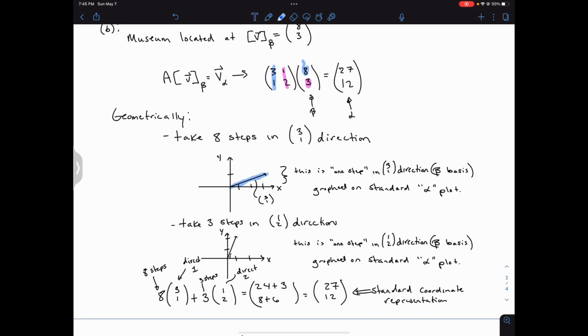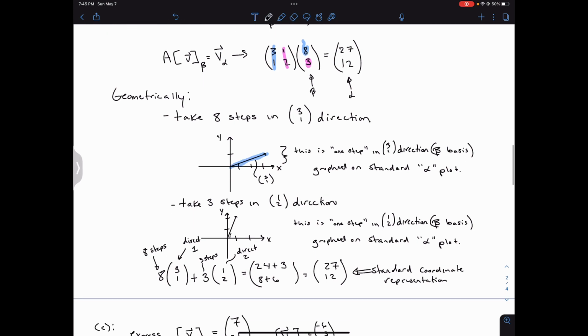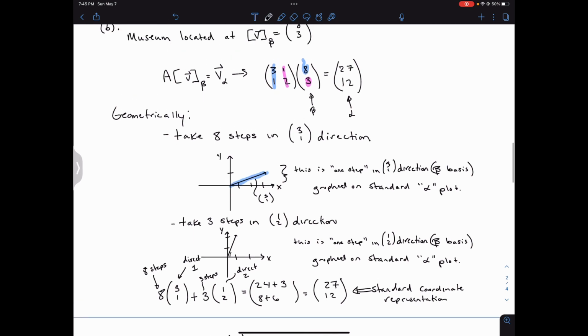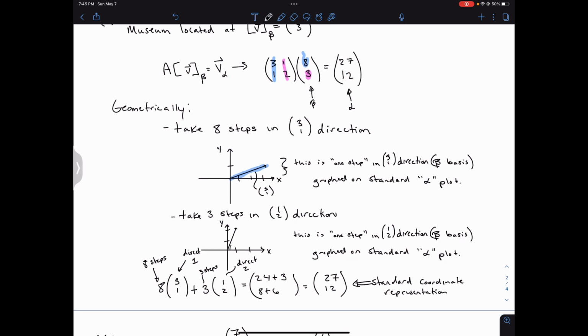Down here I've highlighted the 3, 1 vector. We have 8 of these, stacked on top of each other, and we will be somewhere out in this direction. Similarly with the 1, 2 vector, we take 3 steps in the 1, 2 direction.